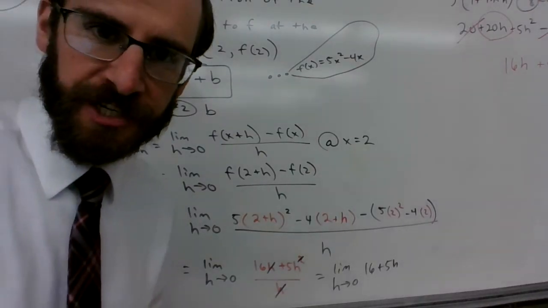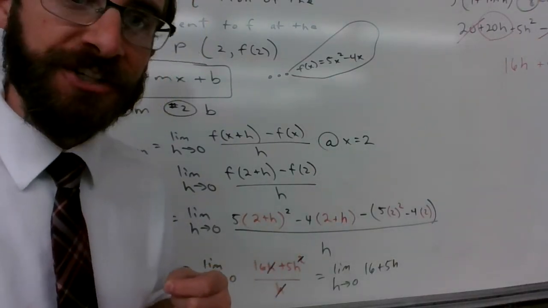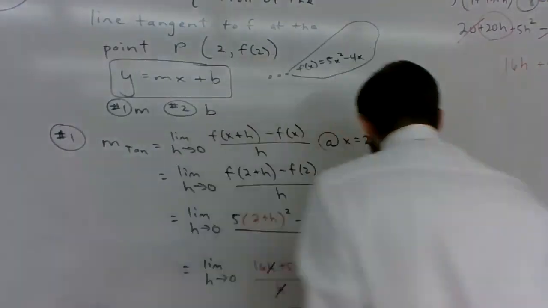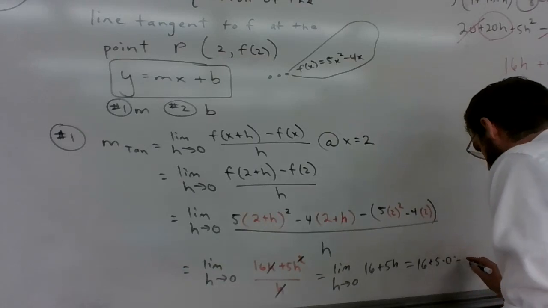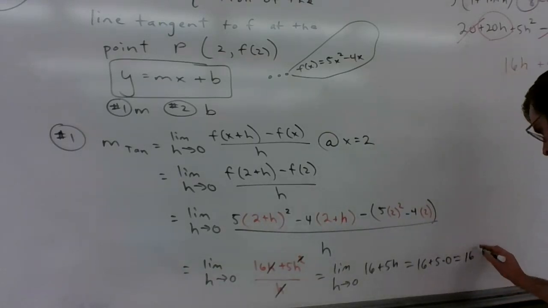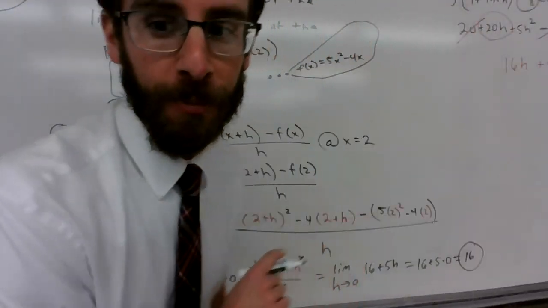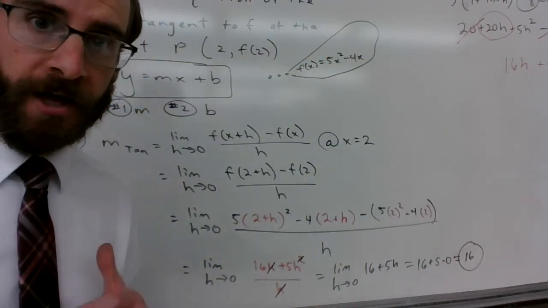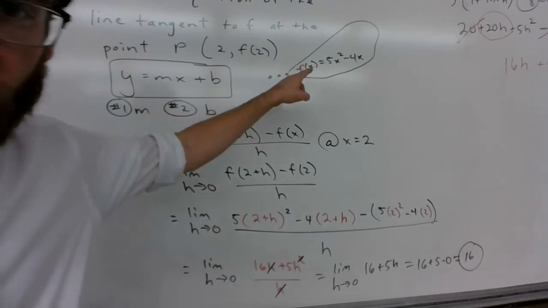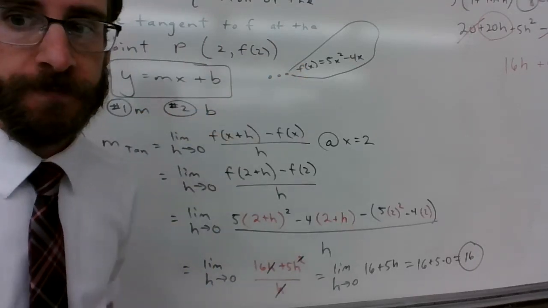Okay, plug 0 in for h. We found our slope. So it took a while, but we found the rise over run of the line tangent to that curve at x equals 2.